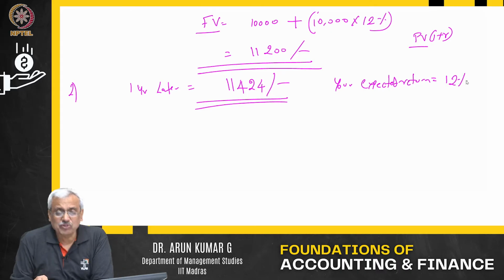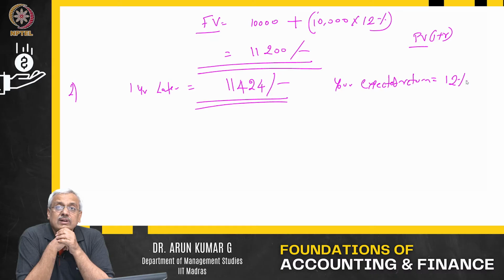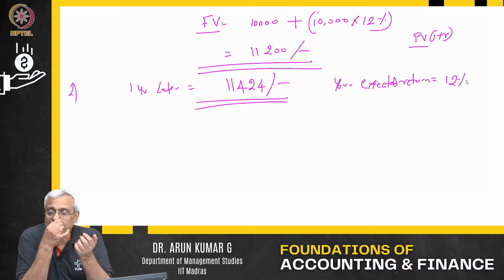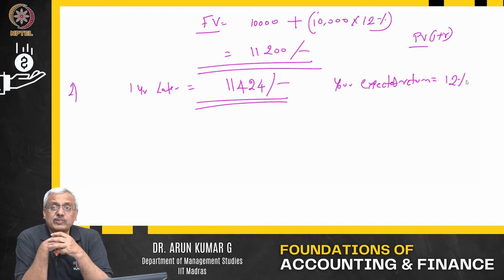That means I have two options. I invest in a particular fixed deposit, and it is going to give me 12% at the end of 1 year. I have that ready. I have another option. He says that I will give you 11,424 1 year later.